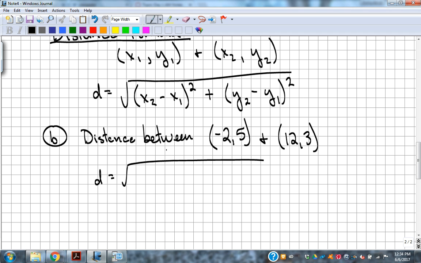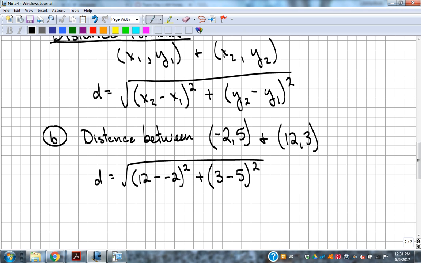We're going to plug in the stuff that we need to do. So the first parenthesis is subtract the x values. 12 minus negative 2 squared. And then the second parenthesis, subtract the y values. 3 minus 5 squared.